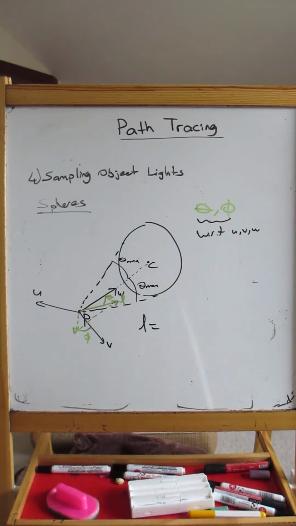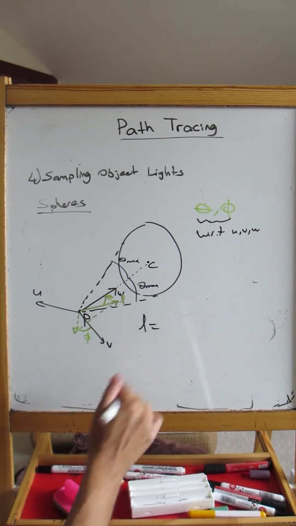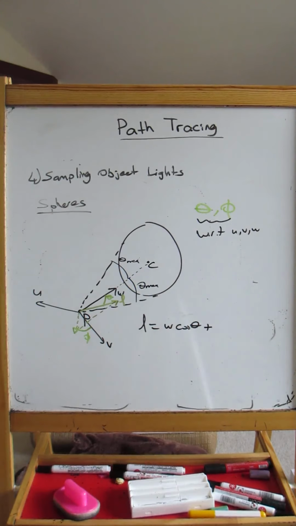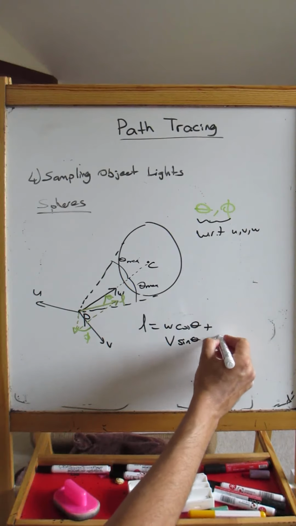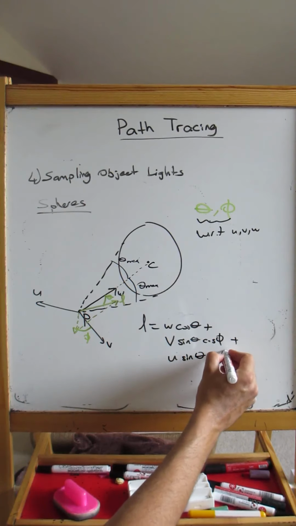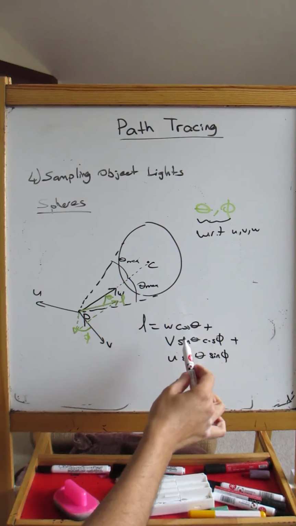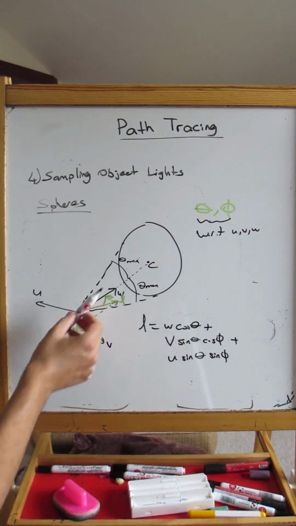L is equal to W cos theta plus V sin theta cos phi plus U sin theta sin phi. So we can write L using cos theta and sin theta sin phi like this.